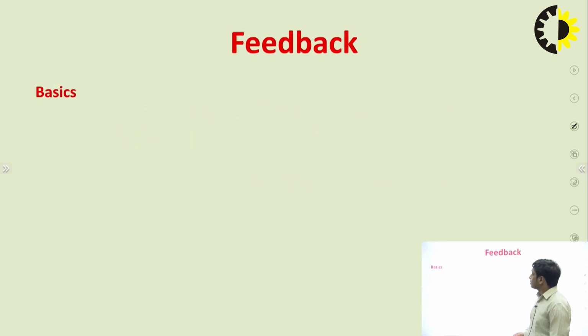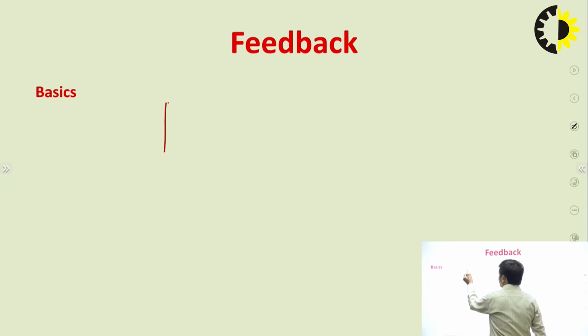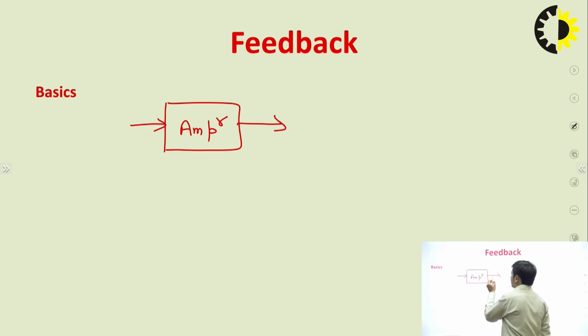Now coming to the feedback. Basically you people have studied the amplifier earlier, and this amplifier can be used in two configurations. One is open loop configuration and another one is closed loop configuration.